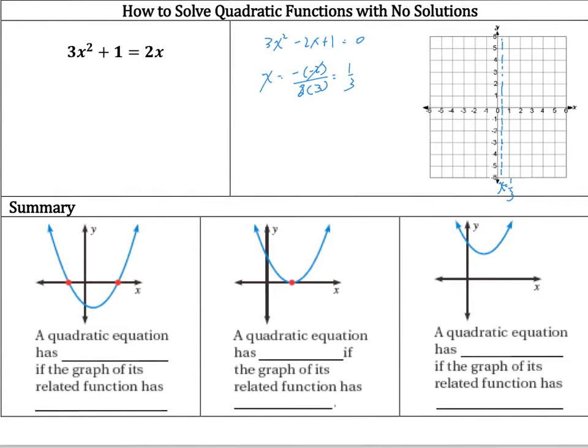And now I'm going to rewrite this quadratic function as y equals 3x squared minus 2x plus 1. And now I will find the vertex. So the vertex will be at 1/3 and 2/3.